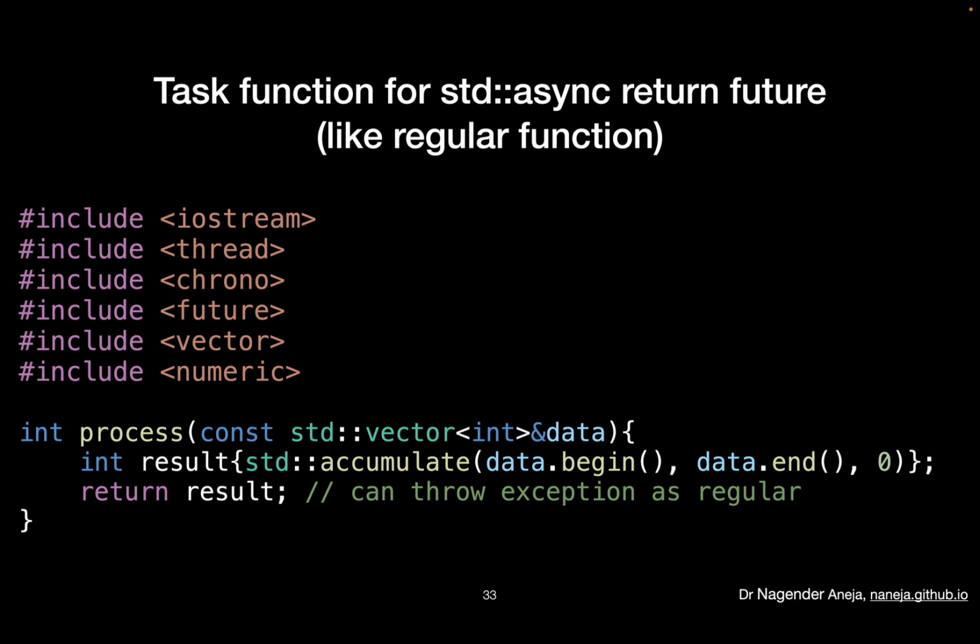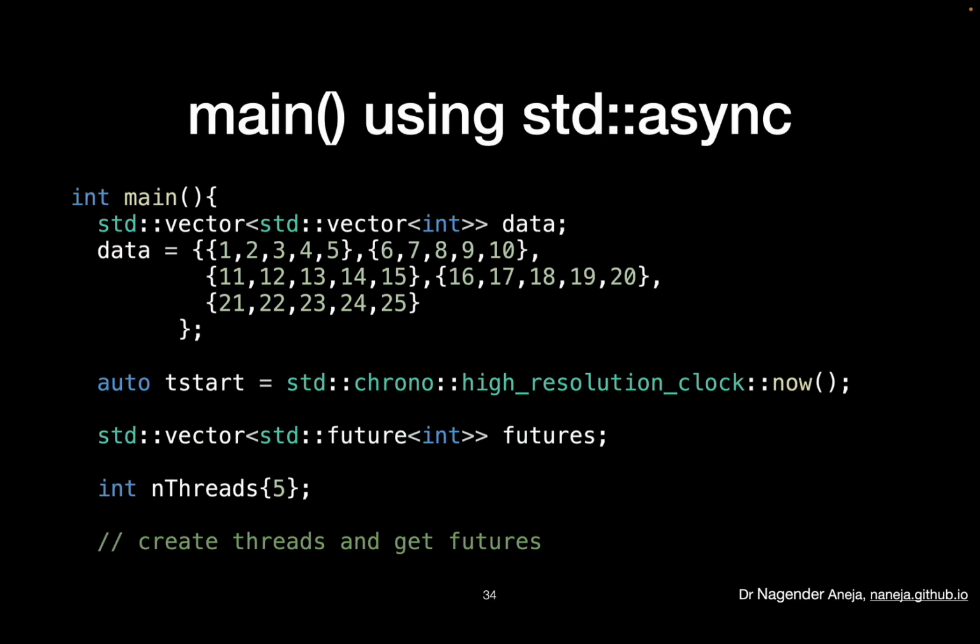We don't have any changes here. This is our regular function as we have been writing so far, same format, no promise, no special treatment. This is executed as a task using std::async, and then the system decides whether to create a thread now or later, depending on our options as well.